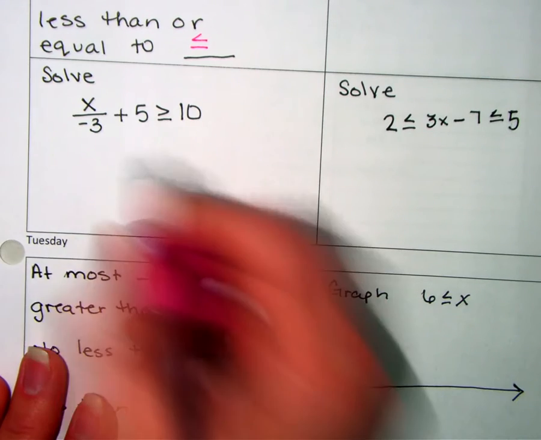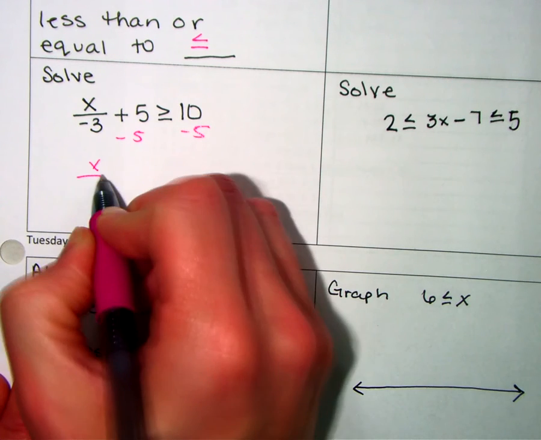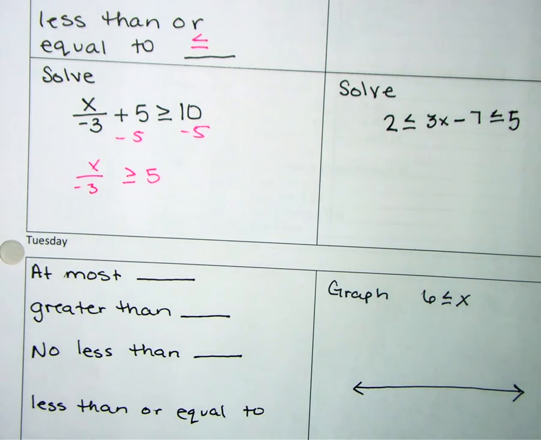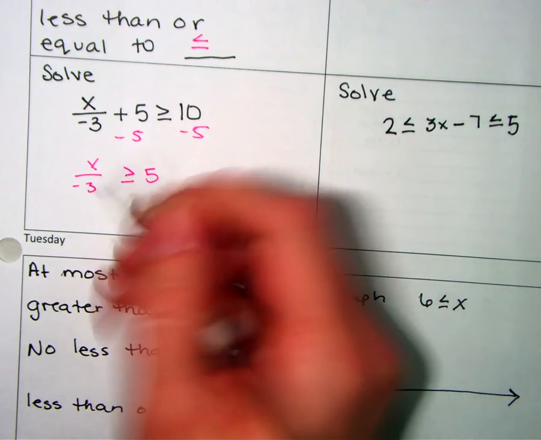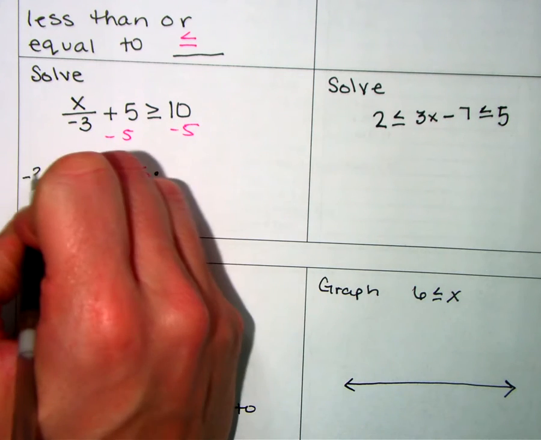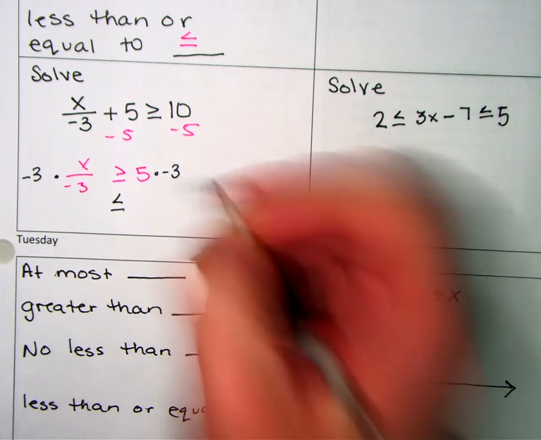Okay, this one here, we want to subtract 5 first. So x over negative 3. Okay, same thing. When you multiply by a negative 3 right here, okay, you're about to get your quizzes back that you actually did this on. When you multiply by a negative 3, that symbol has to flip. The same rule applies.